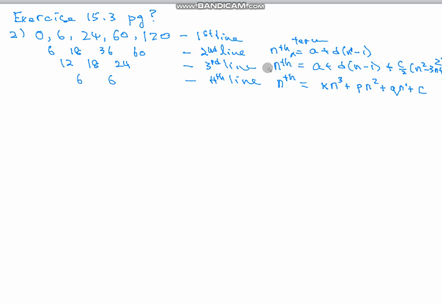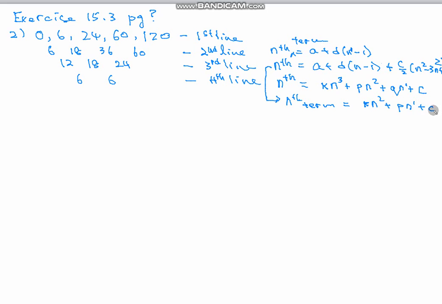Now, third line constant. Let me just preview it here. Third line constant, the n term you can calculate from this formula, but generally for third line constant, you will have n squared plus p n to the power 1 plus constant. You must have an n squared.